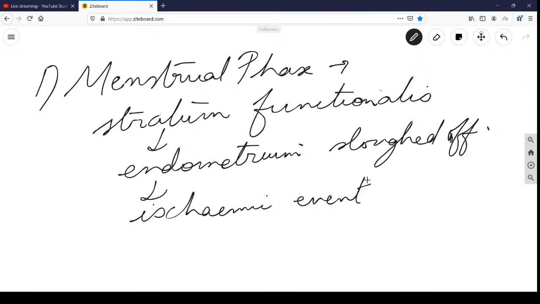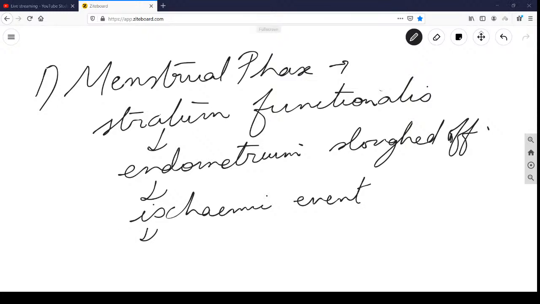Like a transient ischemic attack in the carotid artery, with clot formation and then hypoxia in the brain, could lead to a cerebrovascular accident or stroke. Same way, ischemia in the coronary arteries or their branches, like the circumflex artery or left anterior descending artery, can lead to myocardial infarction or heart attack. That is again an ischemic event.